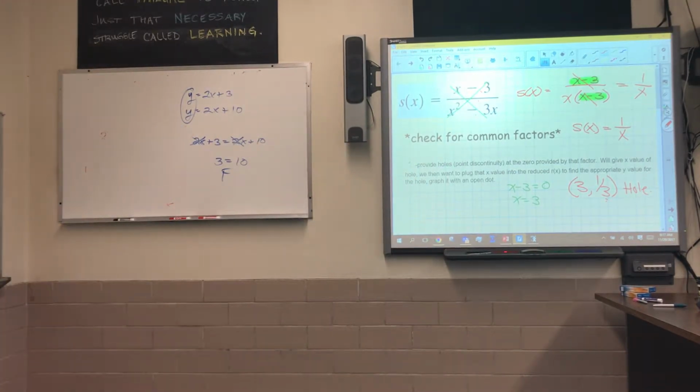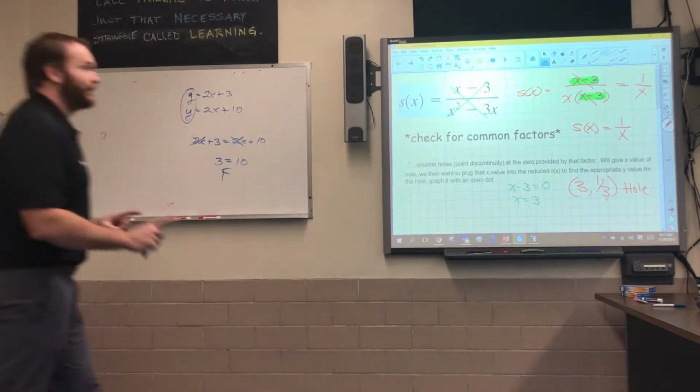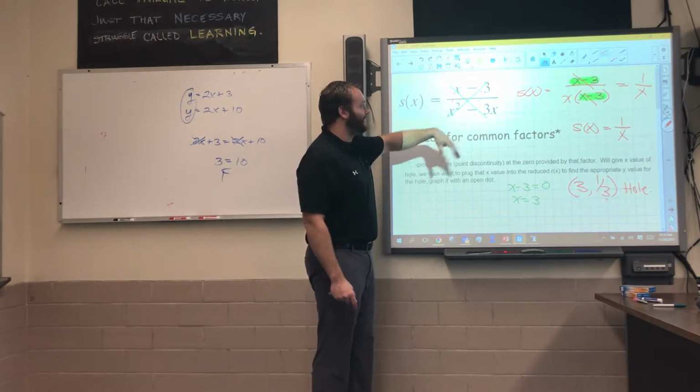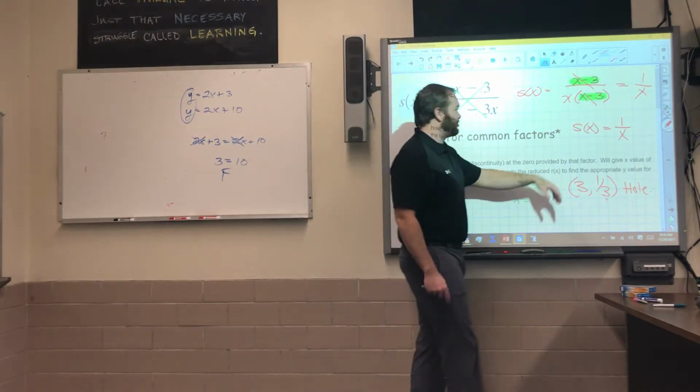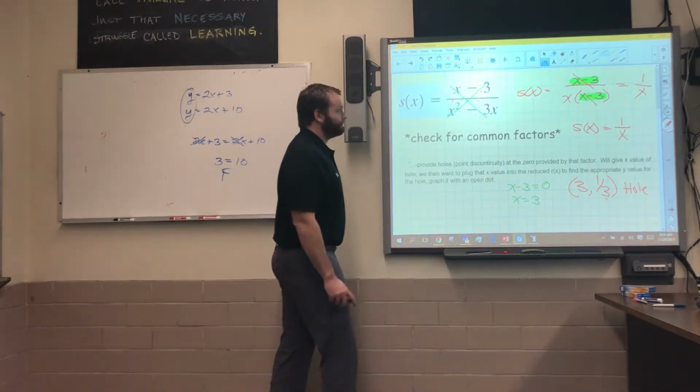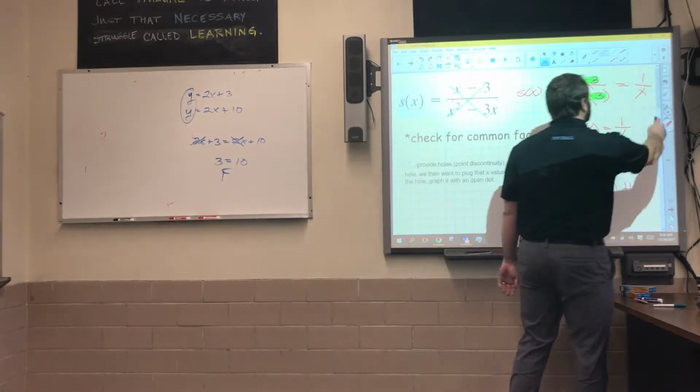It can't plug 3 in and get a y value back. I'll show you a technique that will give you this 1/3, but we'll get there towards the end of the problem.